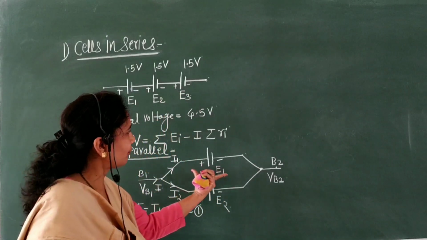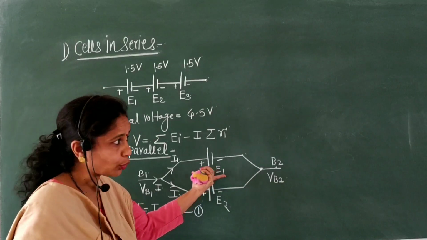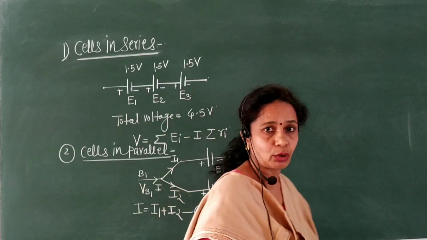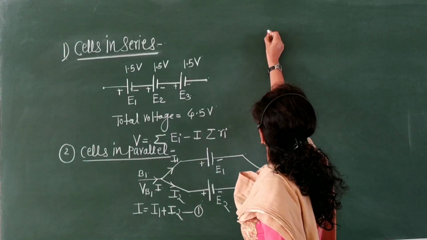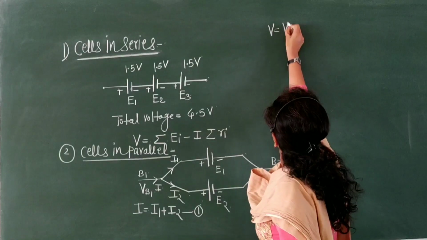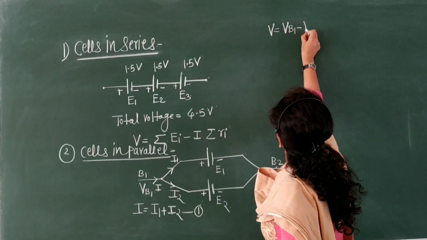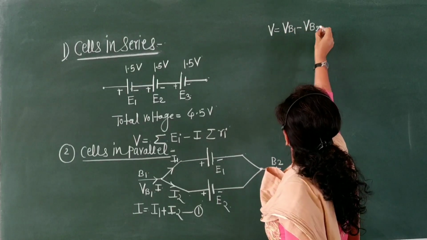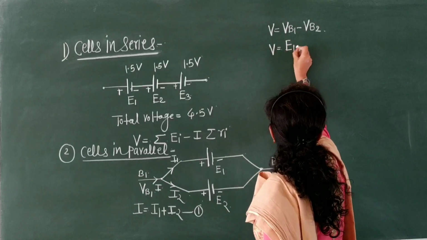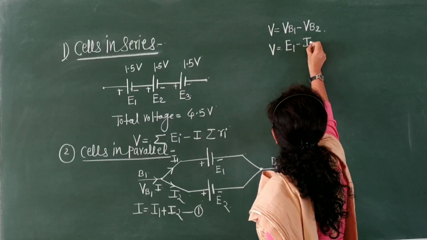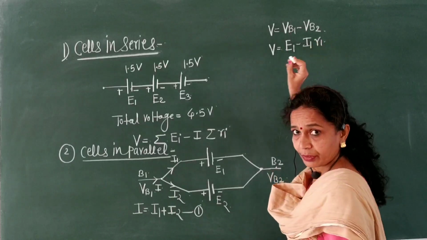Then for the first cell, the potential difference across it can be written as V is equal to VB1 minus VB2. Therefore, V is equal to E1 minus I1 R1.